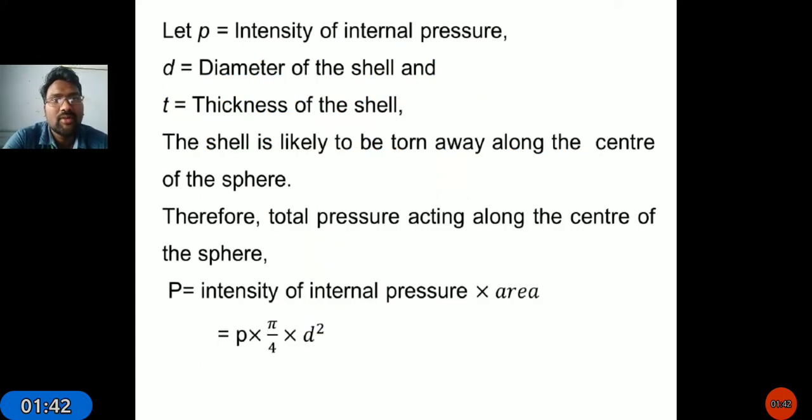The total pressure acting along the center of the shell is the intensity of internal pressure into area. It is the force developed in the spherical shell due to the internal fluid pressure, that is small p into the internal area, pi by 4 d square, where d is the internal diameter.